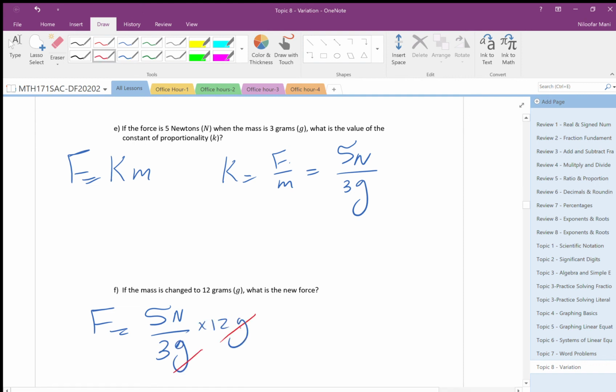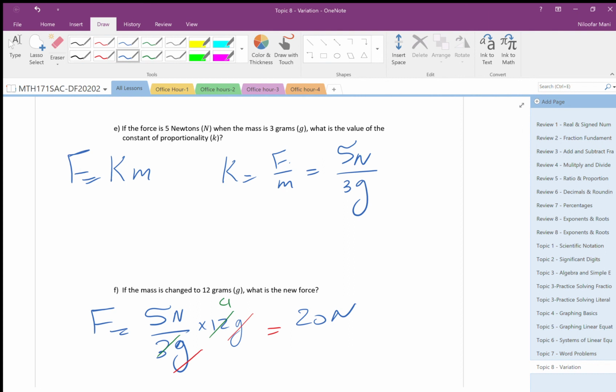So gram and gram cancel, and 12 divided by 3 is 4. So it is 20 Newton. I really have to pay attention to units.